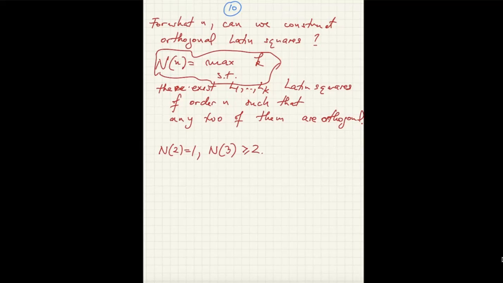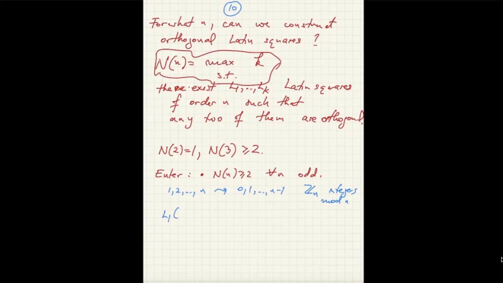And I don't have much time, but I'll tell you about Euler, who knew all these things. And what Euler did is he showed how to prove that N(n) is greater or equal to 2 for any n odd. Here's the idea. How do you construct two orthogonal Latin squares of order n when n is odd? Well, you take your entries, you switch from 1 to n to 0, 1, ..., n minus 1, and you think of the entries as integers mod n, Z_n.